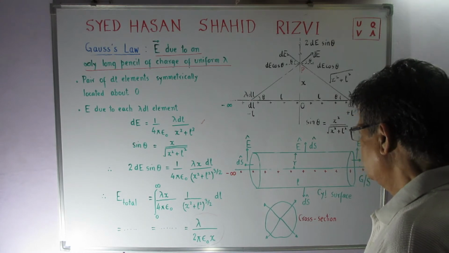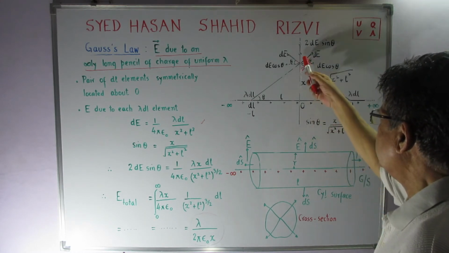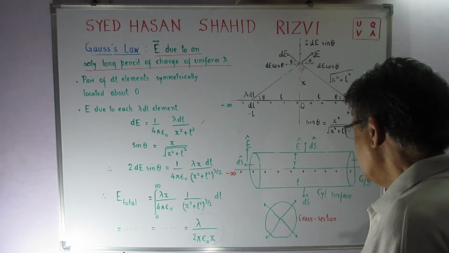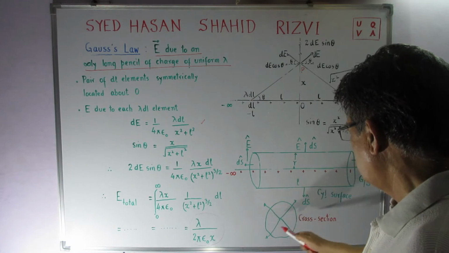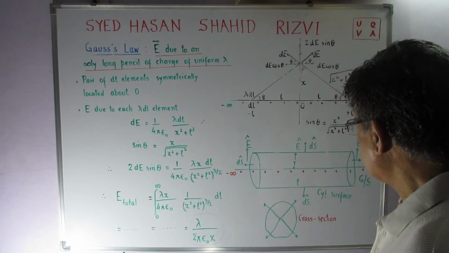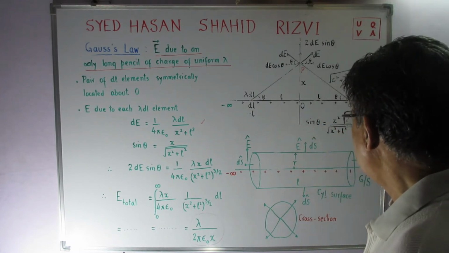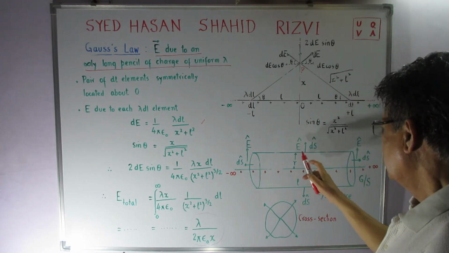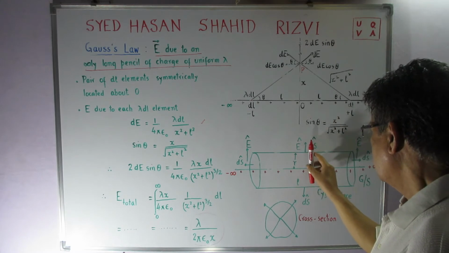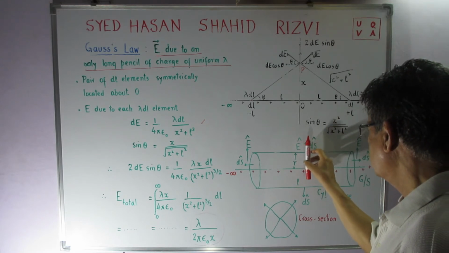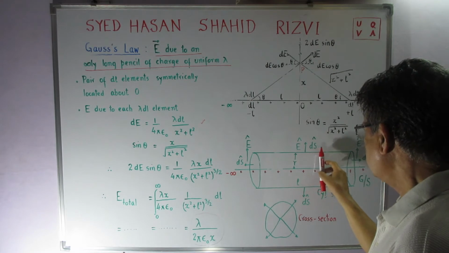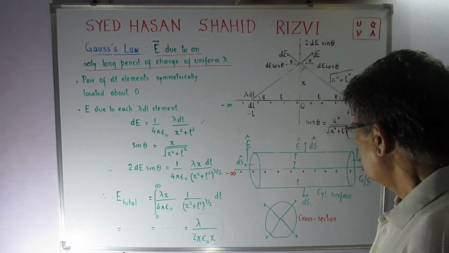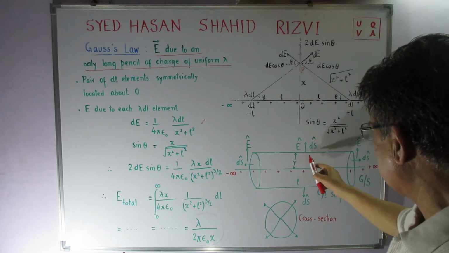Now let us imagine, take a page from here, and we see that everywhere on this circular cross section of the Gaussian surface we get the electric field in a direction which is the same as the direction of dS, the area element, which is also a vector.